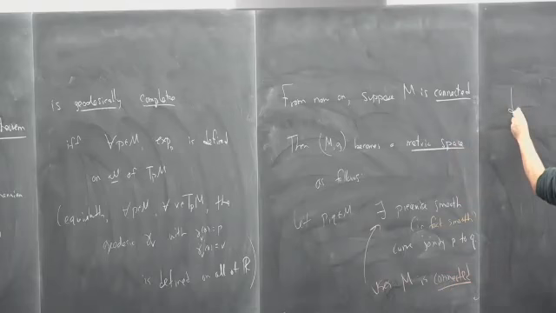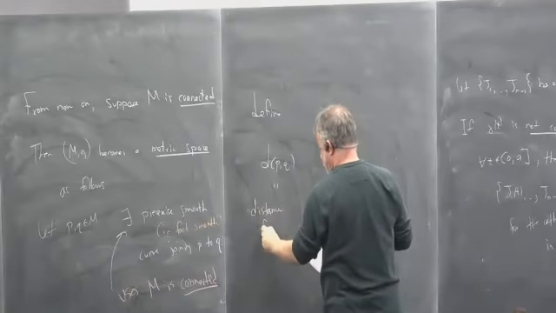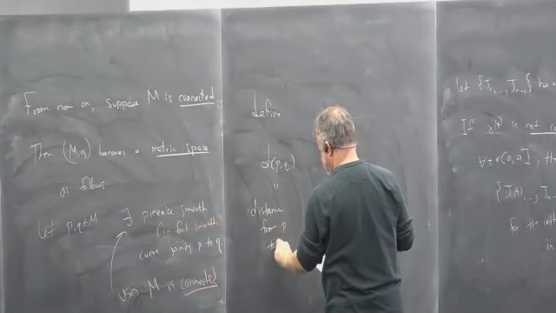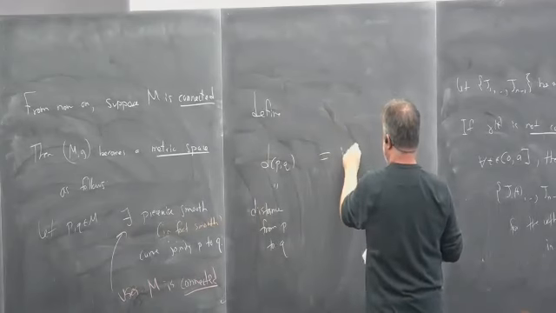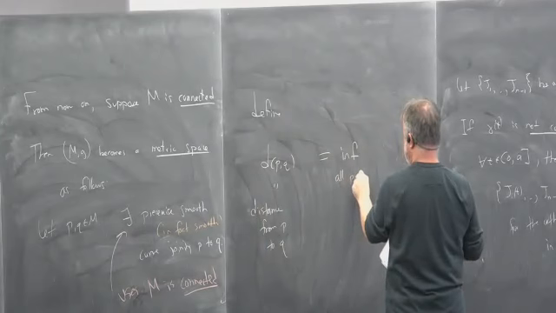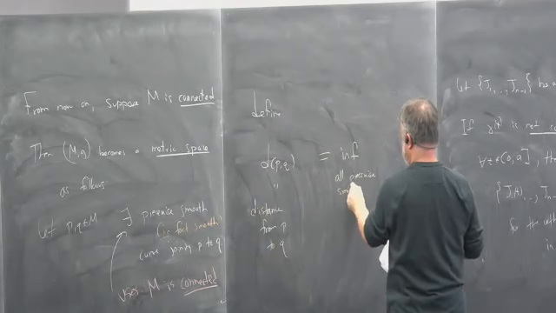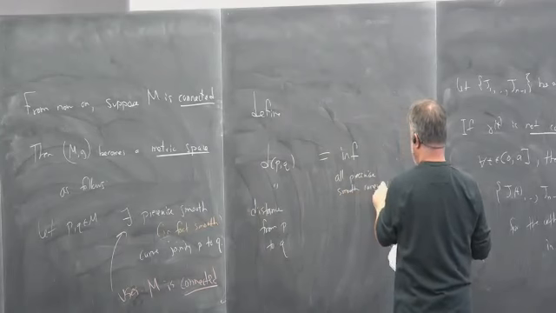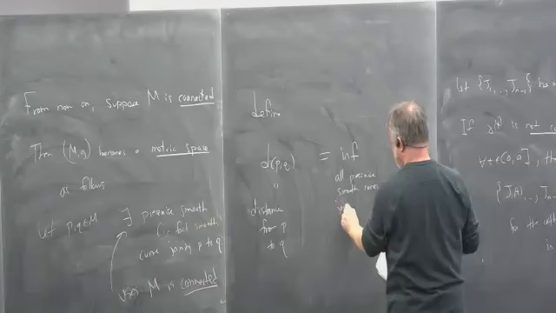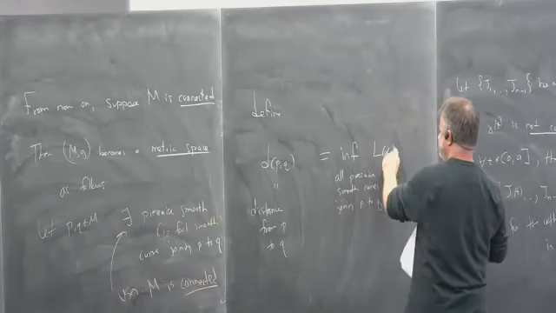Okay, so let's define the distance from P to Q. It's going to be the infimum over all piecewise smooth curves alpha joining P to Q of the length of alpha.